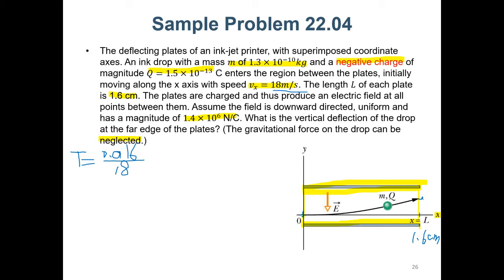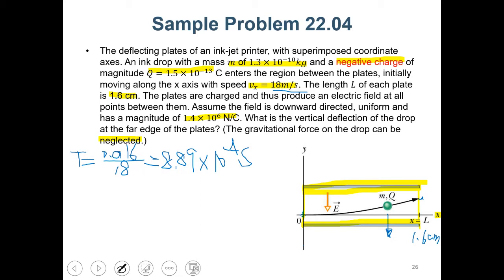The E field is pointing downward, so the force is always pointing downward. So the charge should be going in the x direction with a constant speed. So t will be something like this, and it is actually 8.89 times 10 to the minus 4 seconds.